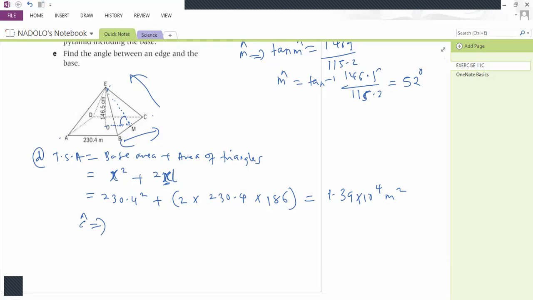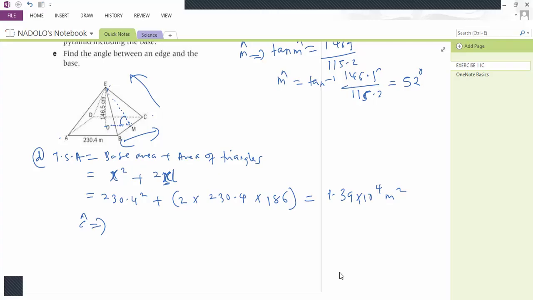So we're going to use a trigonometric ratio. We're going to use tan. Tan angle C will be given by opposite, which is OE, divided by adjacent, which is OC.